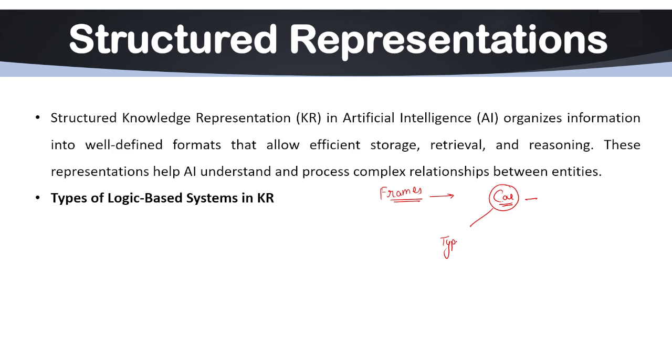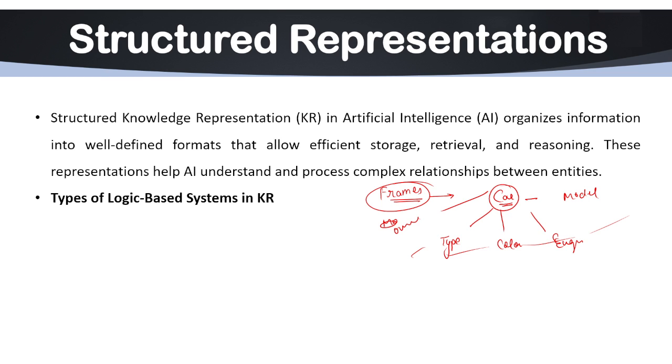That means the type of car, the color of car, the engine of car, the model of car, or the owner of car. Clear? So car is a frame and we have many properties of this particular frame, including these five.